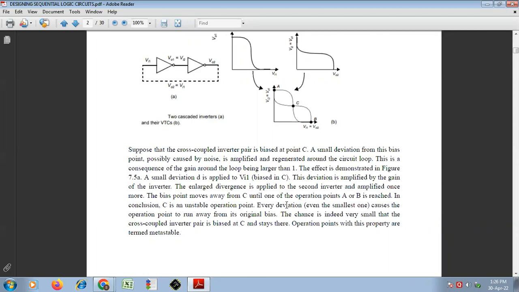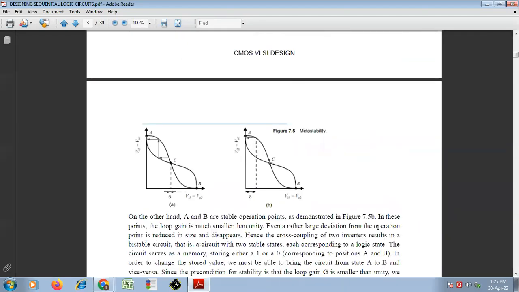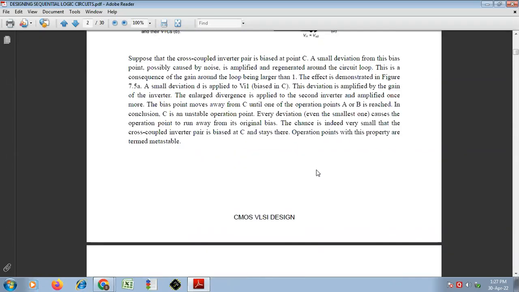Now the bias point moves away from C until one of the operating points A or B is reached. As a result, this bias point C will move to either A or B. In conclusion, C is an unstable operating point.